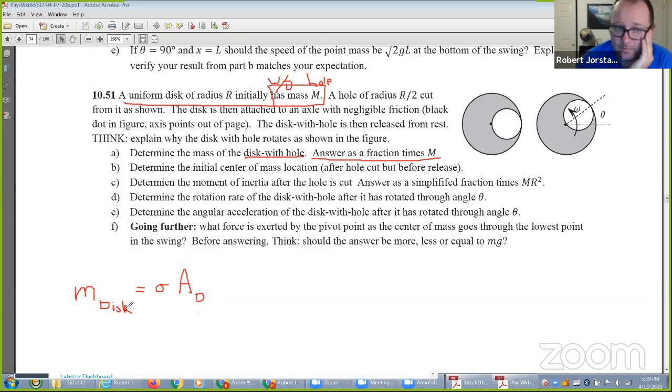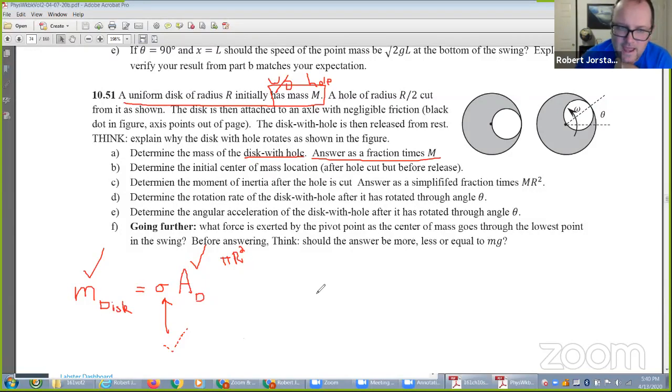And I hope you agree, we know the mass. You could get the area because isn't that just pi capital R squared? And so from this, you should be able to figure out the sigma. You can get the mass density.